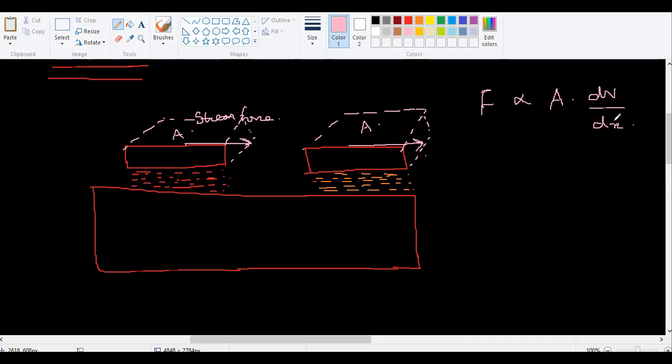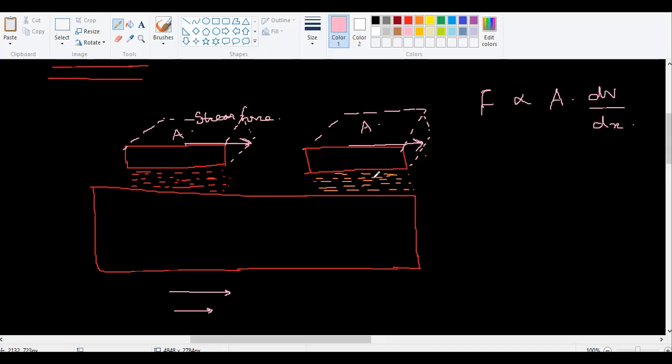This term might be slightly confusing, so listen carefully. As I told you, the velocity of the top layer and the velocity in the bottom layer. If you consider water, for example, the velocity on the top layer and the velocity in the bottom layer will be almost the same. So the difference in velocity will be less.